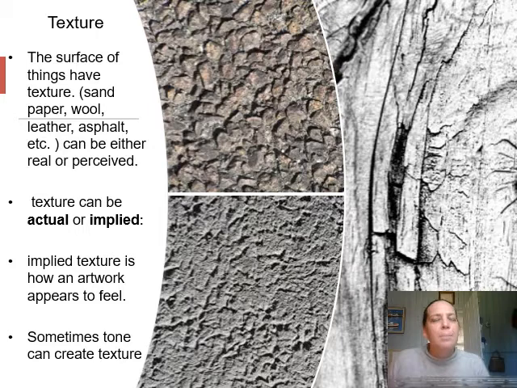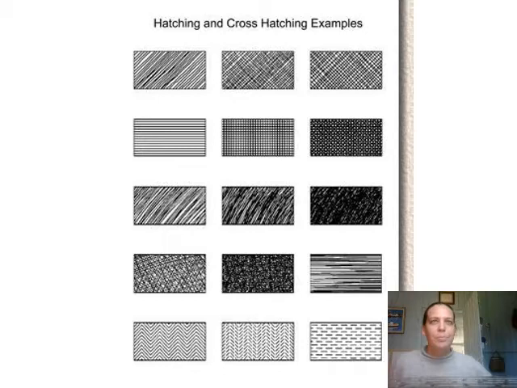An important idea in visual art is that texture can be actual texture or it can be implied, and that's how something looks. So even in a drawing, you can create a texture or the illusion of a texture. Hatching, where you cross lines over top of each other, is a common way of creating texture in a drawing.